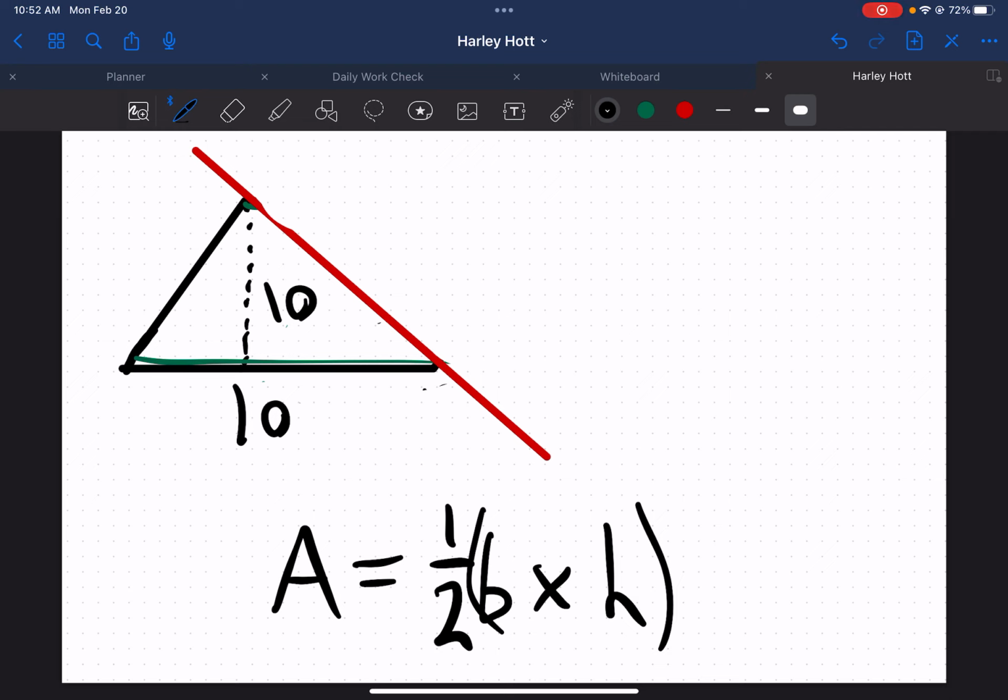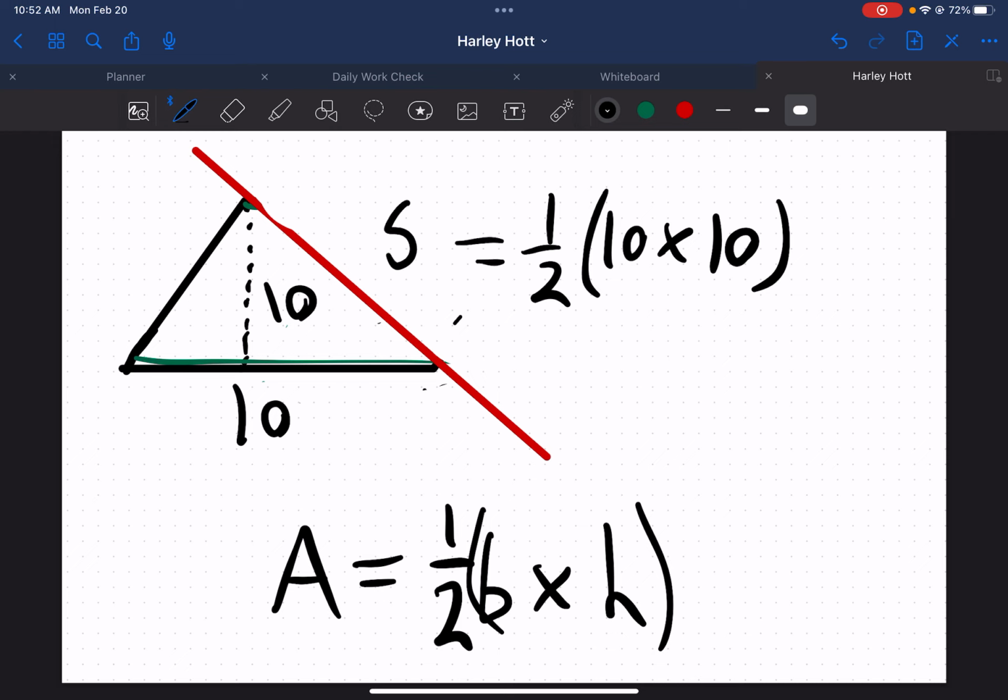If it was the full parallelogram, it would just be 10 times 10, which is 100. But because it's only half of that, this half is gone. We don't have that anymore. We're going to do 10 times 10 like we would, and we're going to divide it by 2. We're going to take half of it. So the area here is equal to 50. So that's what you do for all triangles. You take the base and the height, multiply them together, and whatever number you get, divide it by 2.